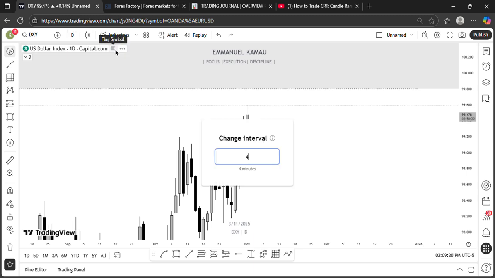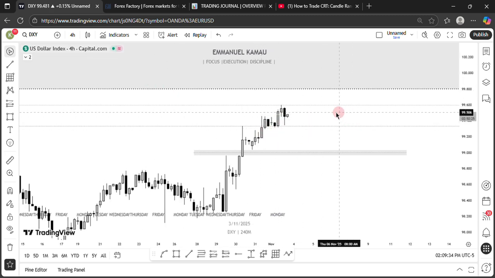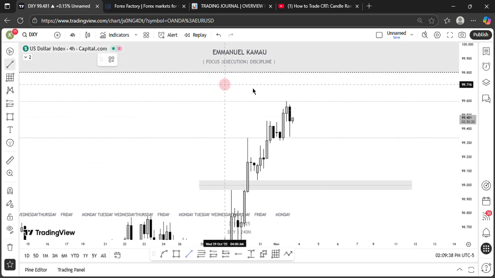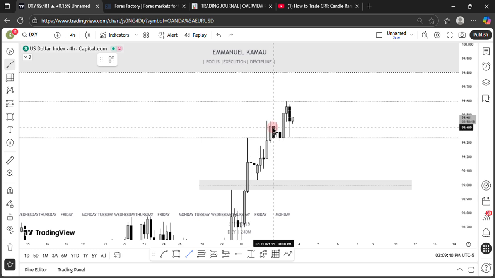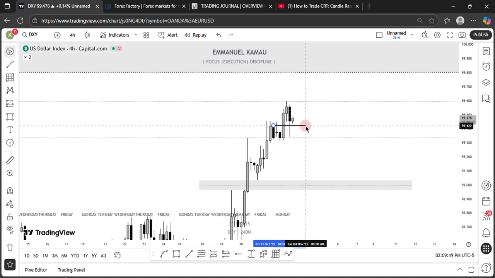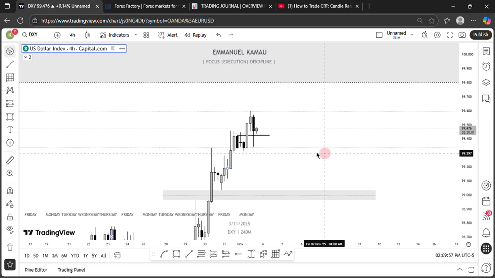Let's go to the 4 hours. On 4 hours, there is nothing much here, but we can see we have this order block. From this point we have an order block, and the market is showing some rejection. Maybe the market can use that order block to continue buying. Remember, we trade with confirmation.